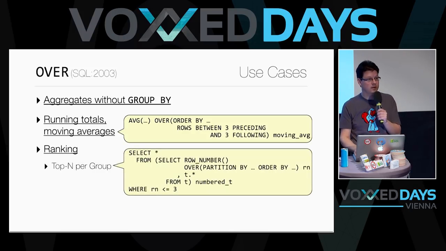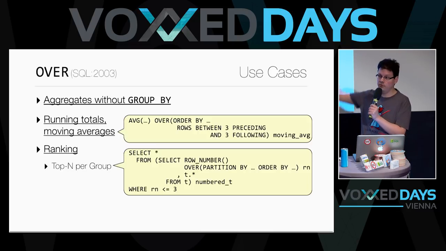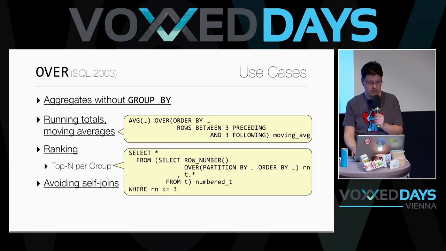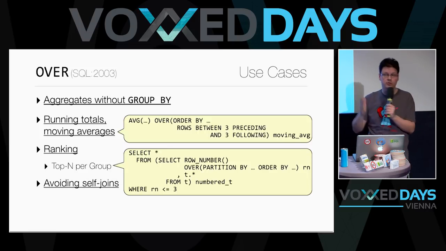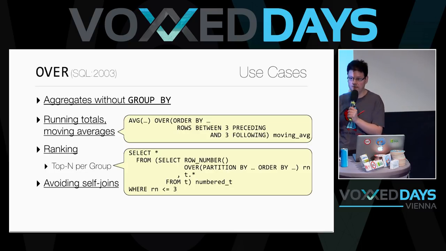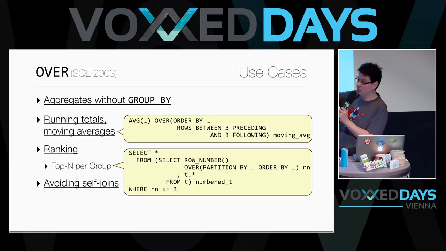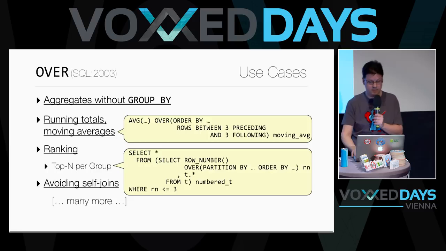Top n per group: I would like to get the 3 most interesting posts for each category, for each topic. You can also use the over clause for that. Avoiding self-joins. If you're nowadays using self-joins, you are doing it wrong. Self-joins are really a thing of SQL 92. Stop it. If you see a self-join, always one of these tools can help you avoid it. And many, many more.